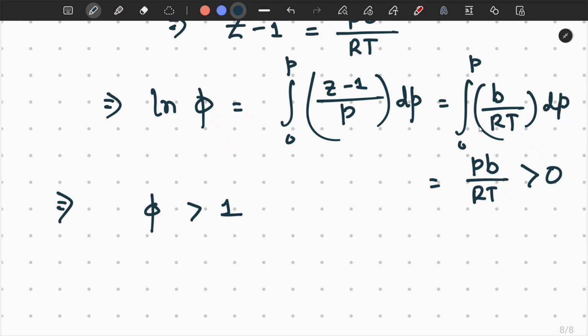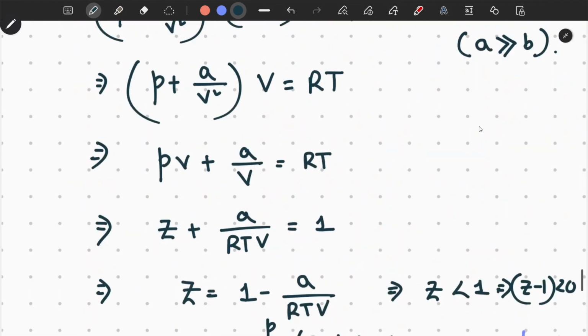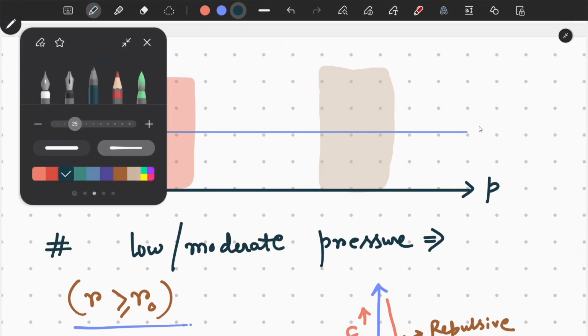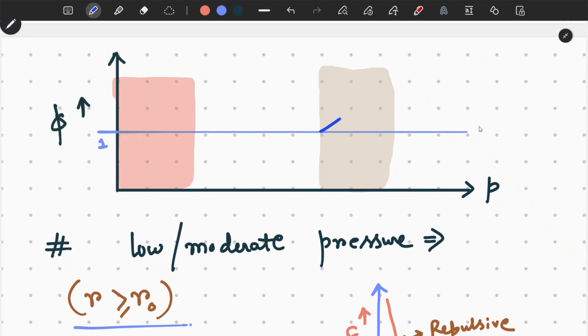Now see, ln phi is this. So phi is obviously e to the power BP by RT. So this is an exponential behavior. Here it will be purely exponential, the behavior at the high pressure region, like these things. And here it is this, so it can be this.